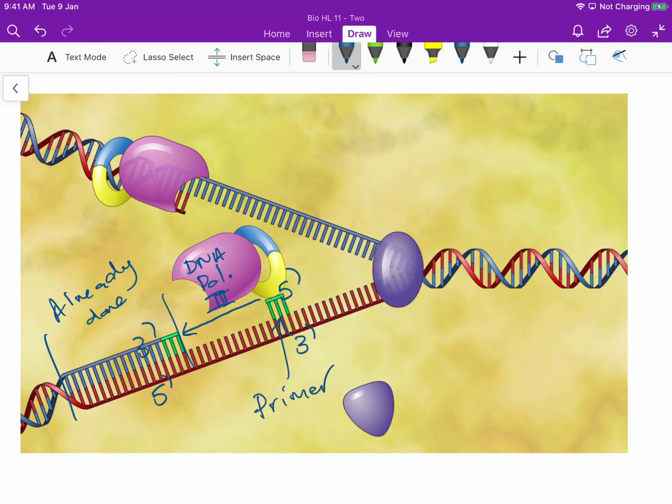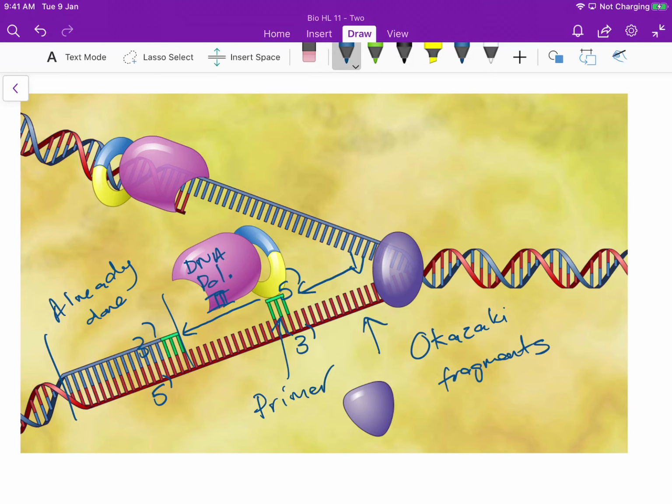And so once it does that little section, ahead of it, you can see there's already a new section of DNA that's been unzipped. And now it's going to have to come and bind here and run along to the point where it reaches the double strand, and then it will fall off. So it's going to be done in these little sections, and those sections are Okazaki fragments.